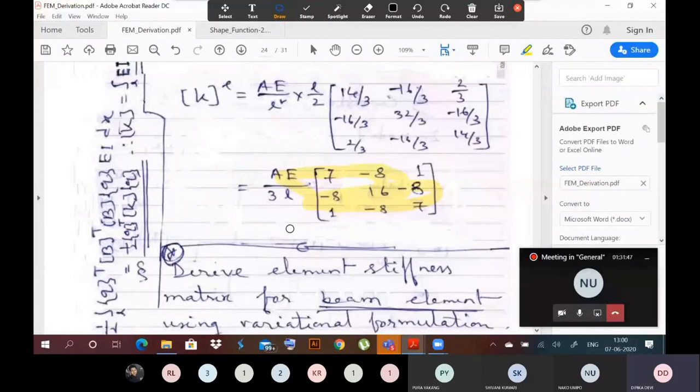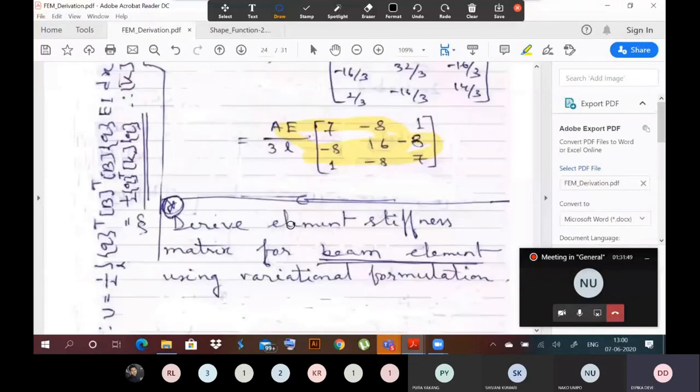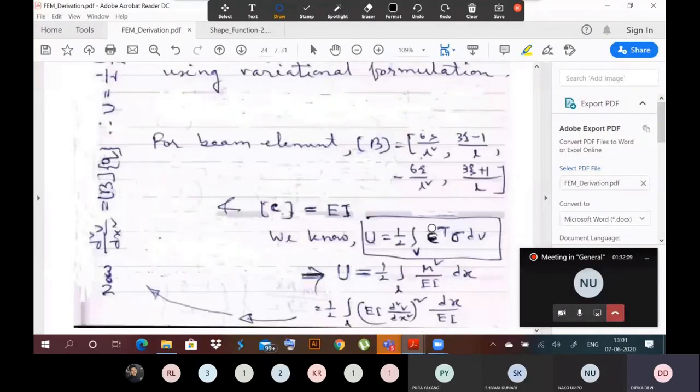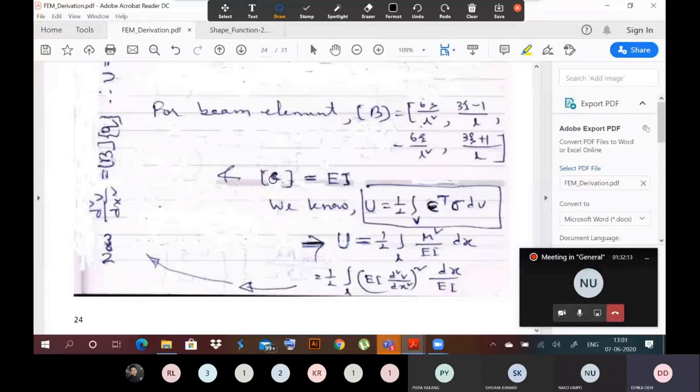In this case, your stress resultant is M and strain is d square V by dx square. Stress and strain are related by EI: M is equal to EI d square V by dx square. Therefore, here C will be equal to EI. So in place of C, you write EI, in place of epsilon you write d square V by dx square, and in place of sigma you write M.